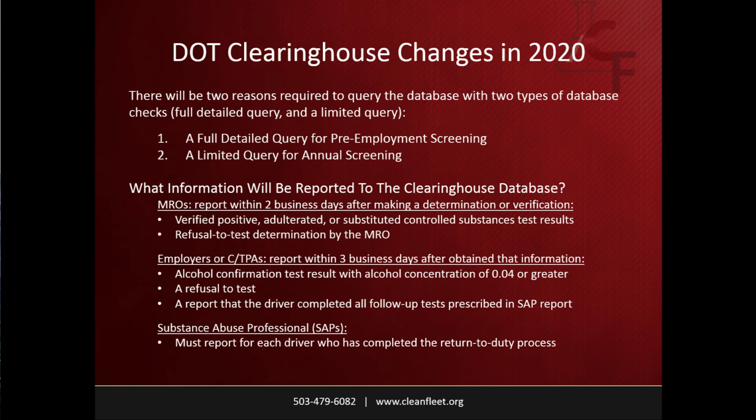Moving on to the DOT Clearinghouse changes. So specifically for record keeping requirements, first, what's the DOT Clearinghouse? The DOT established a central database to contain all of the relevant drug and alcohol testing info for commercial drivers, and this is going to be called the Commercial Driver's License Drug and Alcohol Clearinghouse.